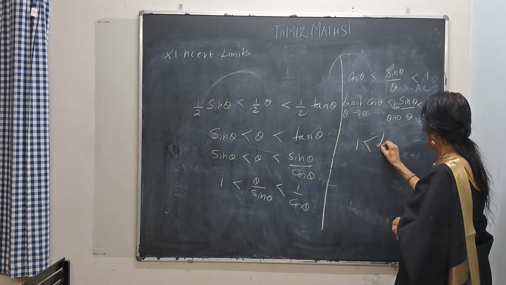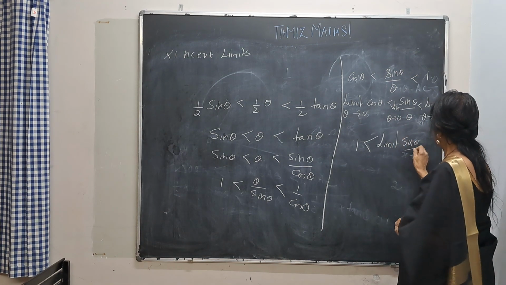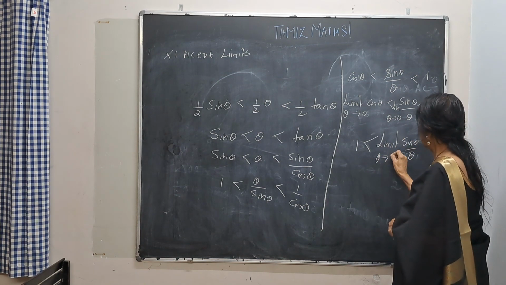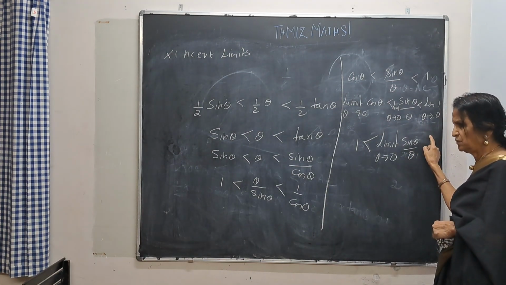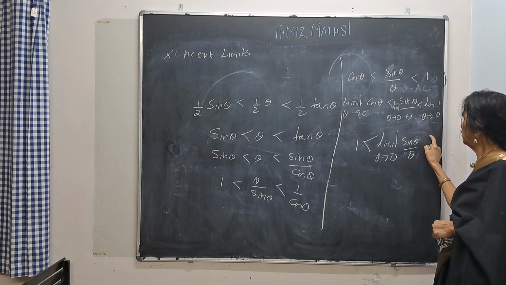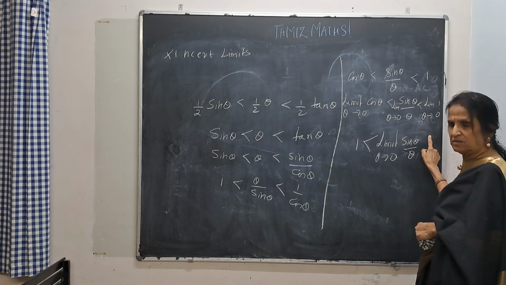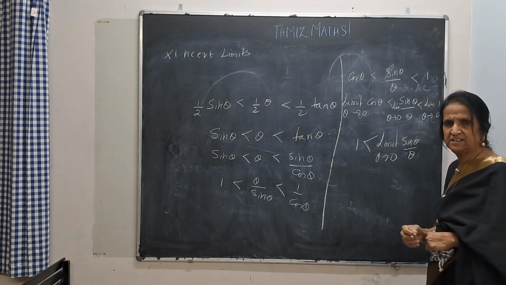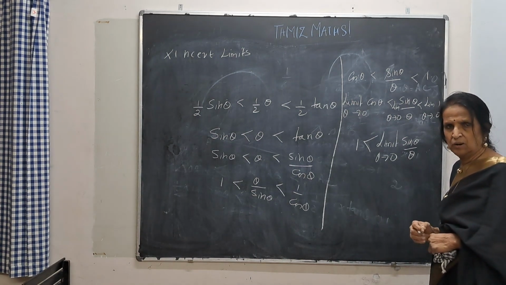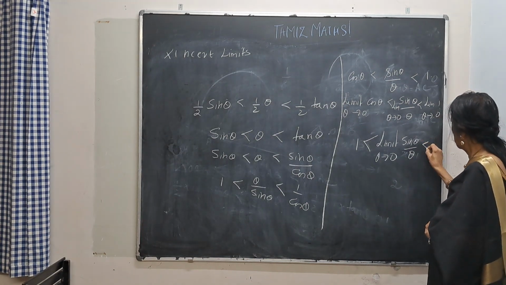Less than limit of sin theta by theta, theta tending to 0. What will be limit of 1 when theta tends to 0? Come on, that will be 1 only, no? Just now I told you. What is limit of 5 when theta tends to 0? 5 only. What is limit of 7 when theta tends to 0? 7 only. So this will be 1.